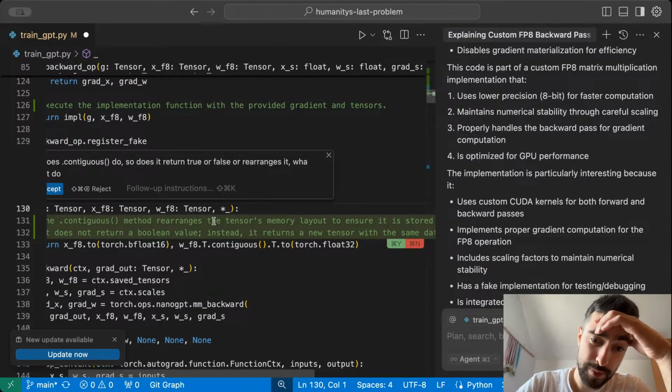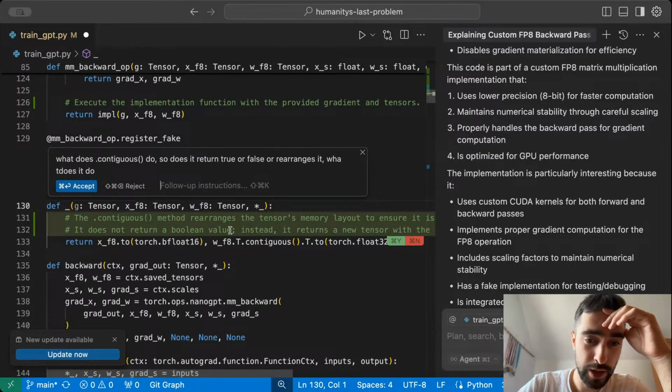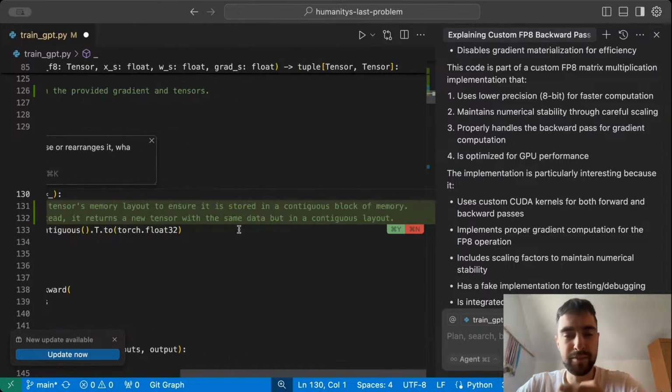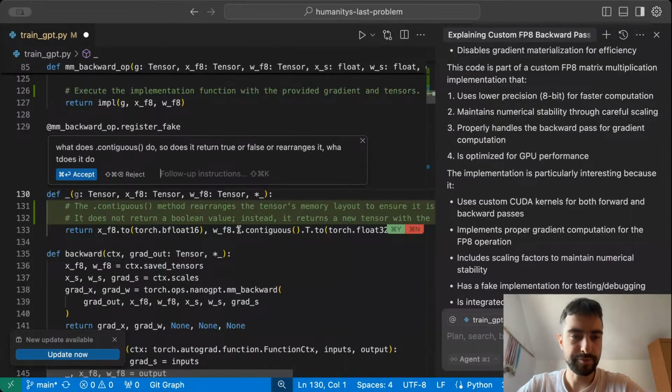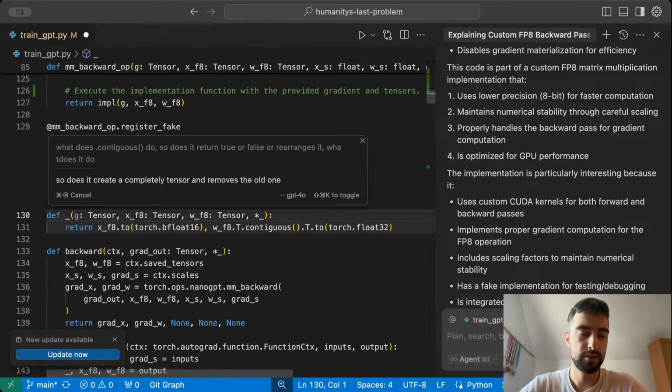Rearranges the tensor's memory layout to ensure it is stored in a contiguous block of memory. It does not return a Boolean value. Instead, it returns a new tensor with the same data but in a contiguous layout. So, does it create a completely new tensor and remove the old one?